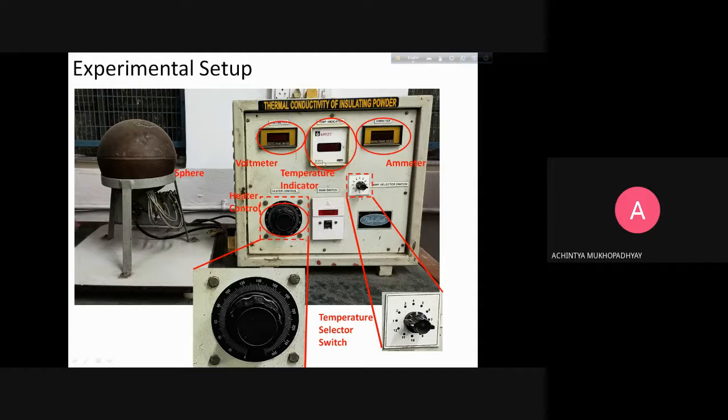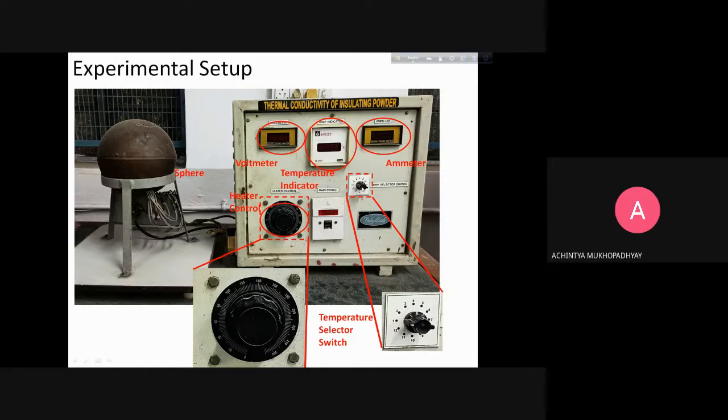And then there is a temperature indicator here. This temperature indicator will give you values for all the 10 temperatures. I mean, readings from all the 10 thermocouples will be displayed here. So how do you know which thermocouple reading you are getting?